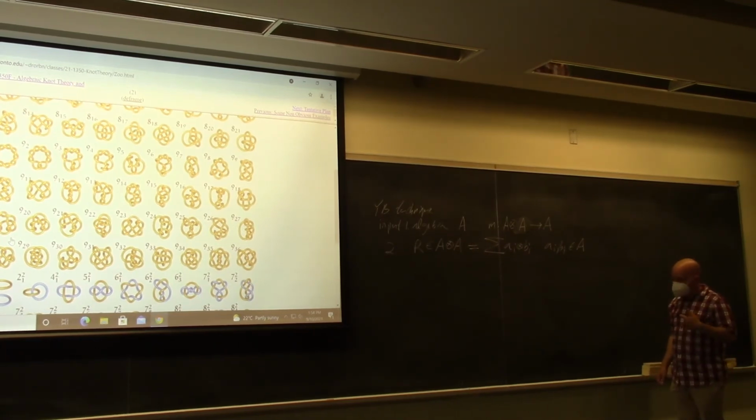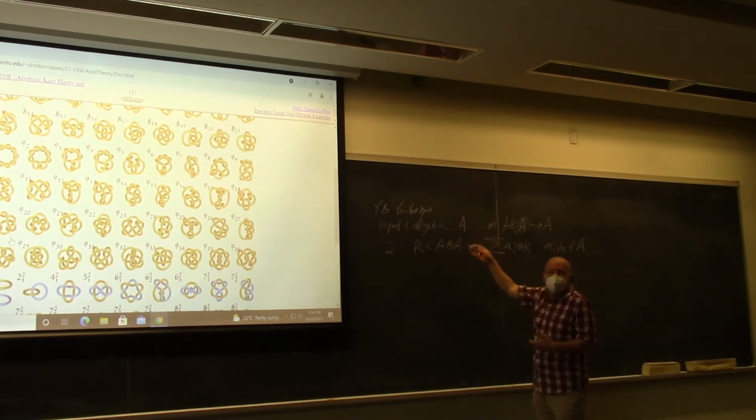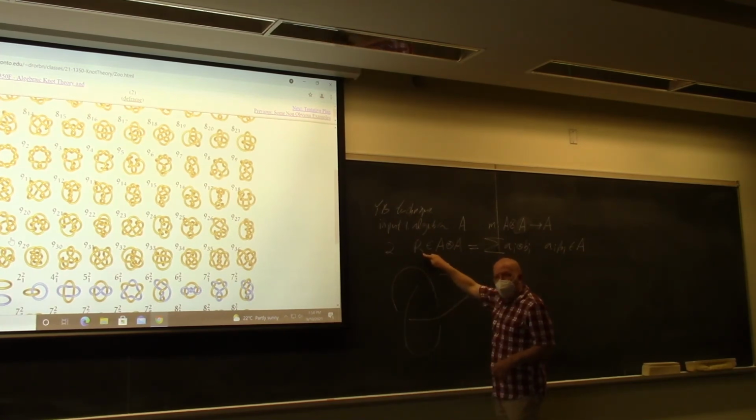Now, how do you construct an invariant out of this? You do the following. Basically you put a copy of R on each crossing.